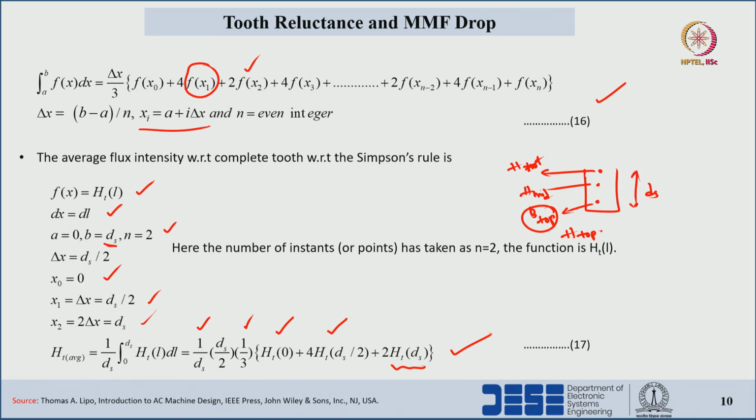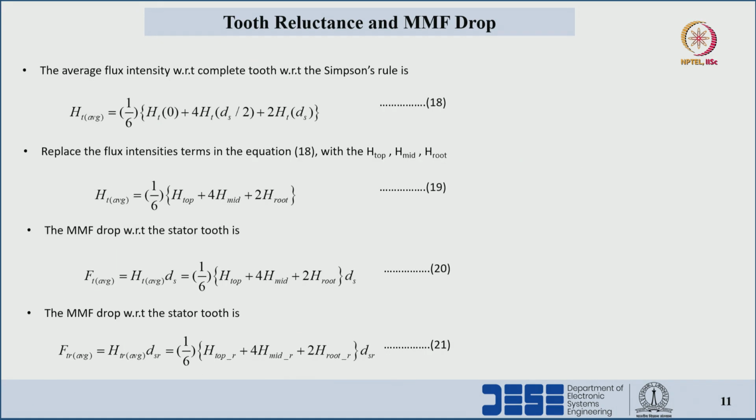If we replace ht of 0, ht of ds by 2 and ht of ds, these three functions, with h top, the field intensity at the top side of the stator tooth, the flux intensity at the middle portion of the stator tooth, and the flux intensity at the bottom side of the stator tooth, then we can get the flux intensity average value by utilizing equation number 19.